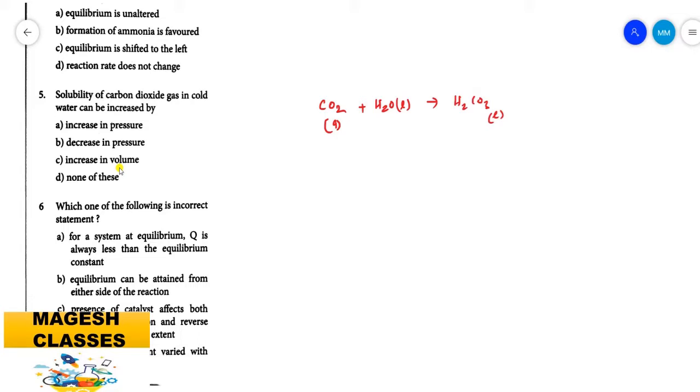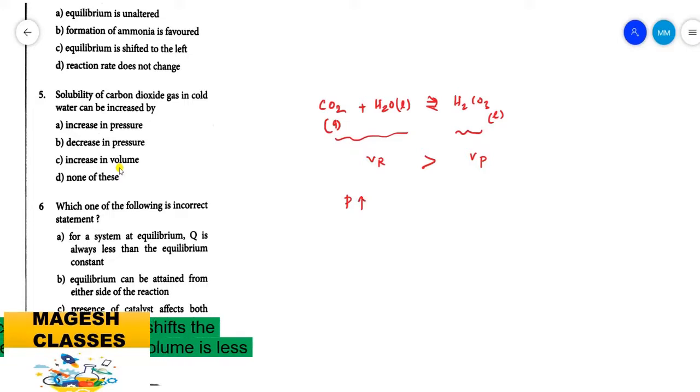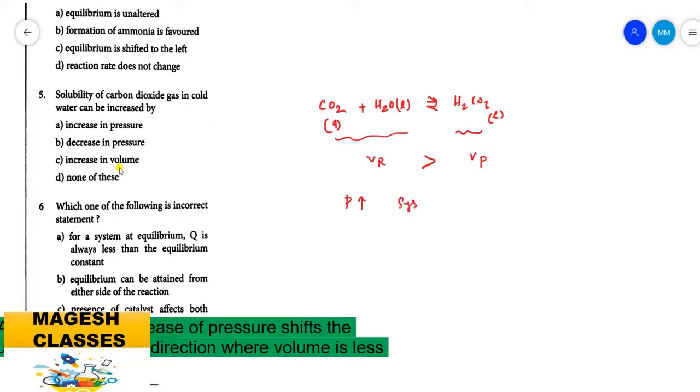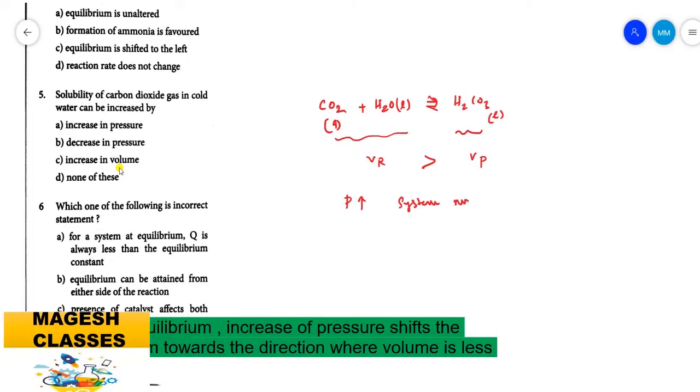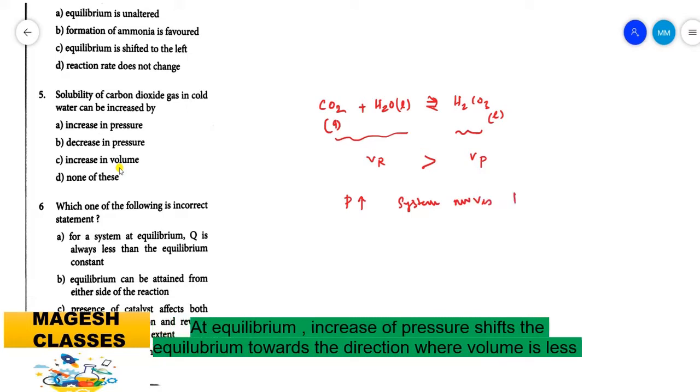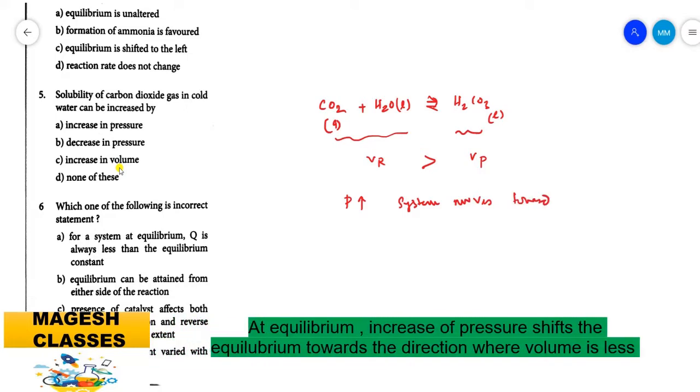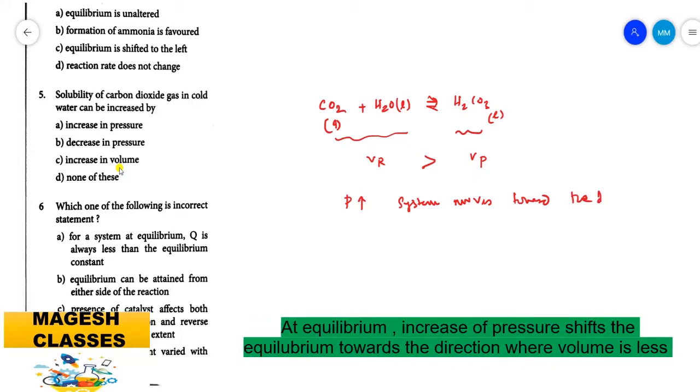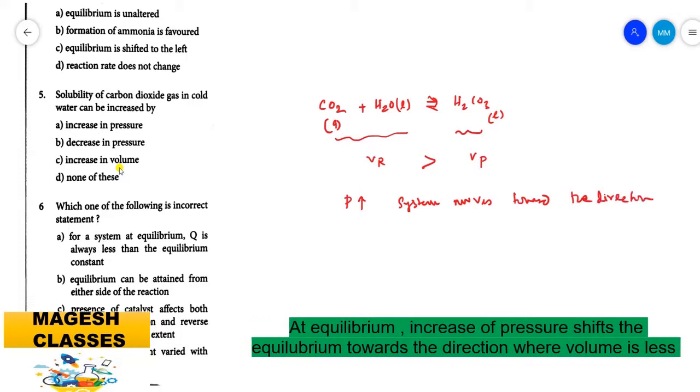So the volume of the reactant side and the volume of the product side: on the reactant side, the gas is present, so the volume of the reactant is greater. It is in equilibrium. In equilibrium, when pressure is applied, the system moves or shifts towards the direction where the volume is less.